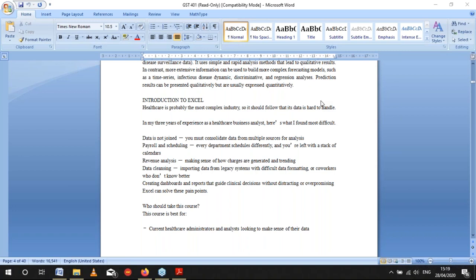The last point: early warning methods are based on easily available information and lead to qualitative results, while prediction is more expensive, the information is more extensive, and it can be used to build more complex forecasting models.